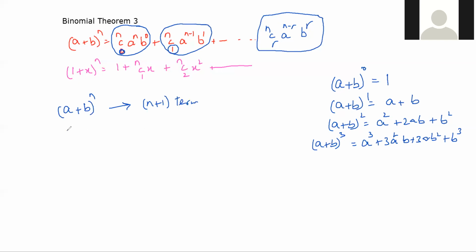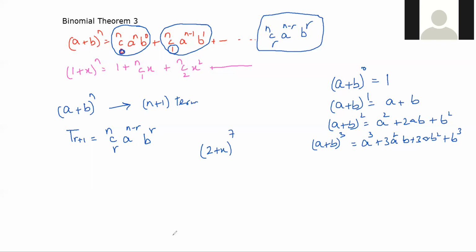So we can say that to find a specific term, the formula is T(r plus 1) equals nCr a raised to power n minus r, and b raised to power r. For example, I have a question here: we have (2 plus x) raised to power 7, and it says give us the third term in it.